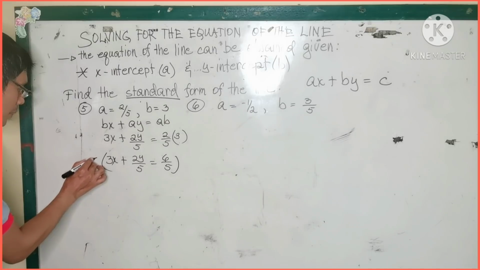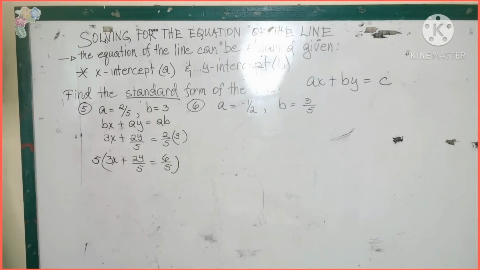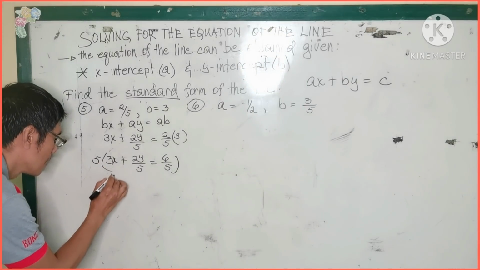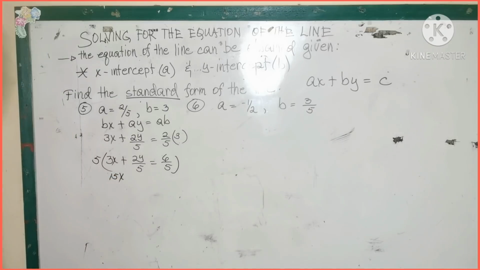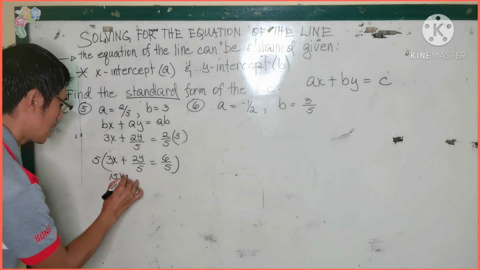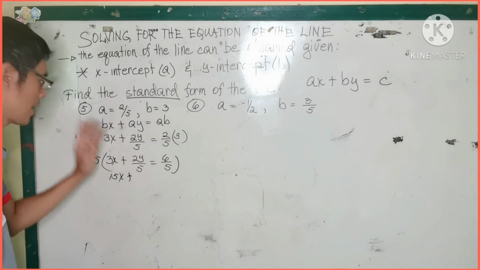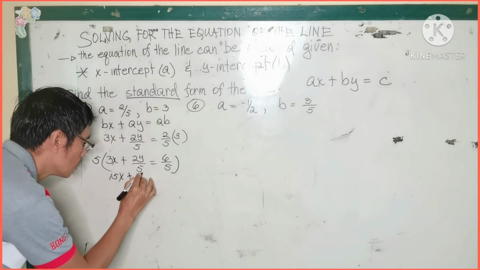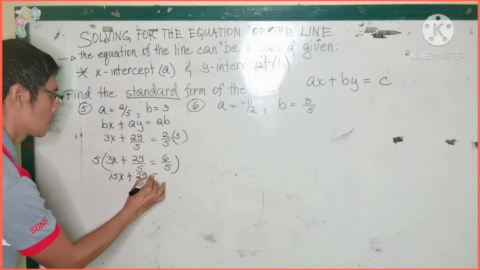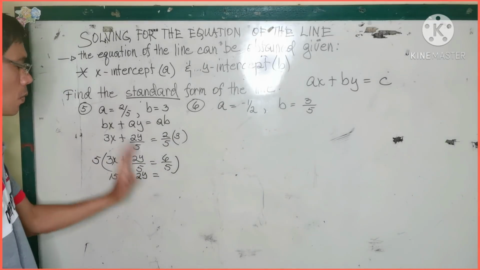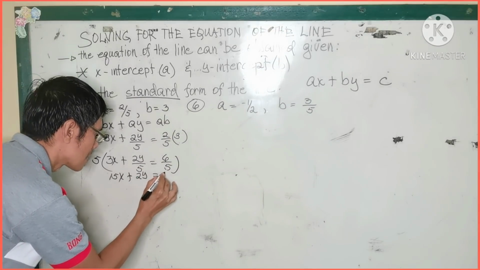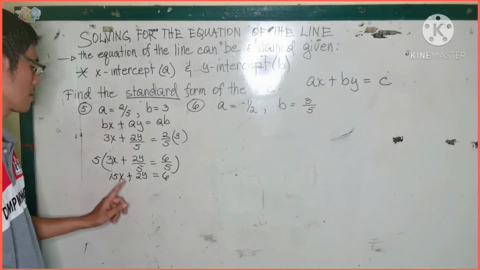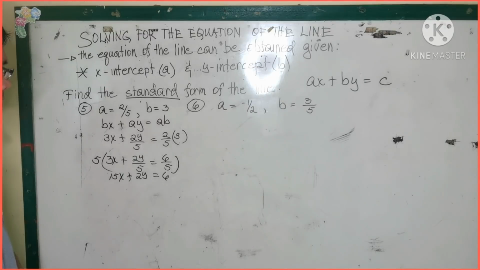That is simply 5. So multiply our LCD: 5 times 3x, we have 15x. Let us divide first. So plus 5 divided by 5 is 1, then 1 times 2y is 2y. Then equals 5 divided by 5, that is 1, and 1 times 6 gives us 6. So therefore, the final answer is simply 15x plus 2y equals 6.